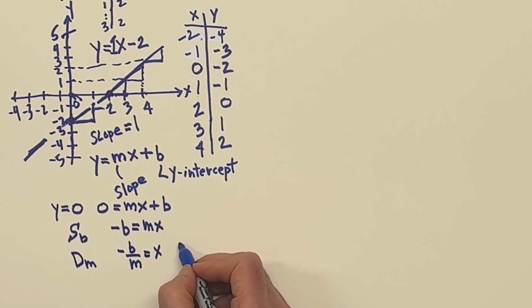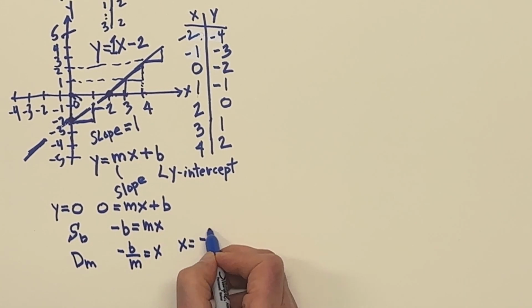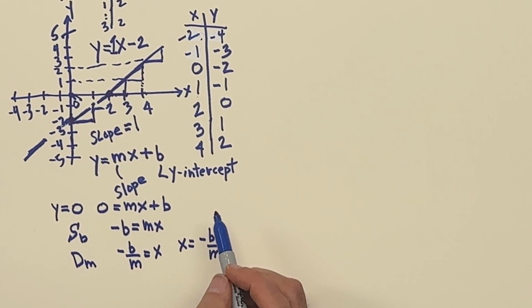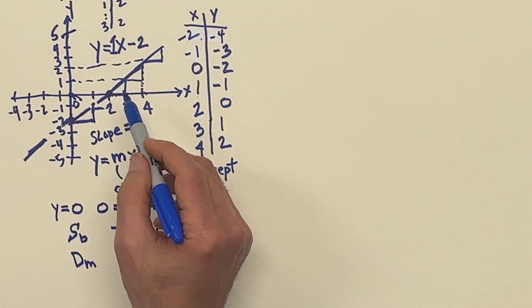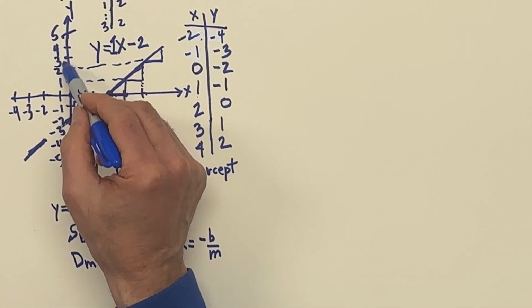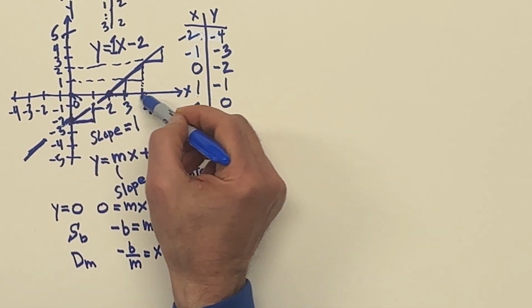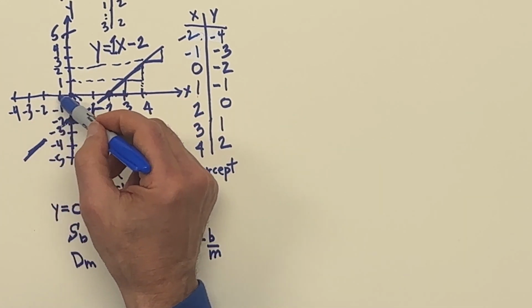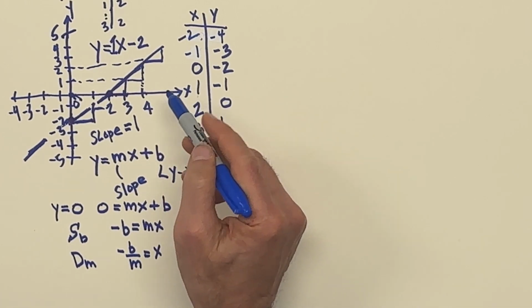So what this has given us, x equals minus b over m, is where you cross the x-axis. Because when y is equal to 0, you're along the x-axis. So we already know where it crosses the y-axis, but we don't know where it crosses the x-axis.